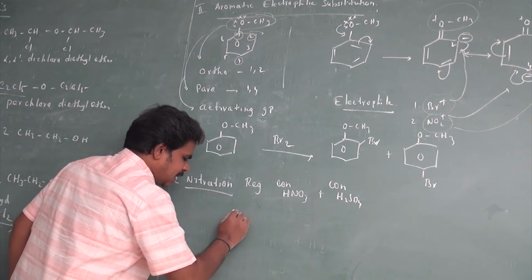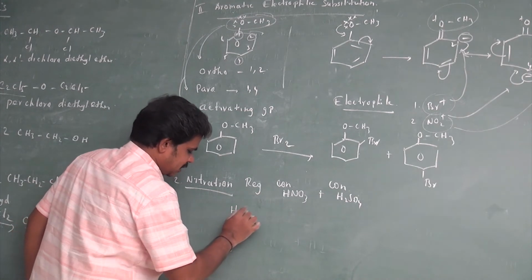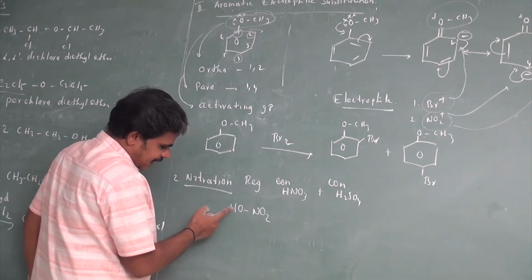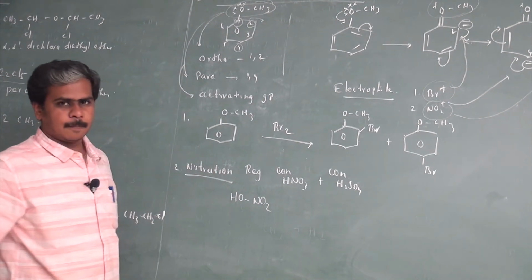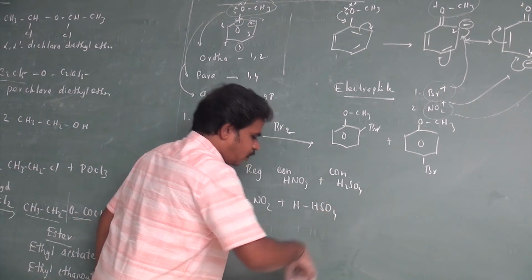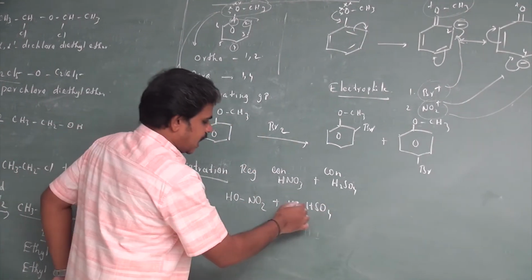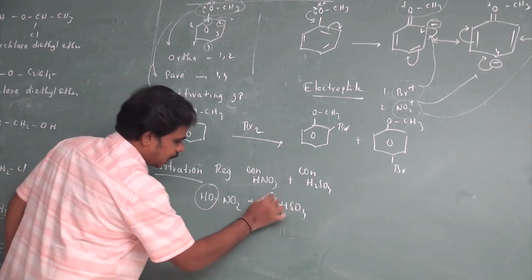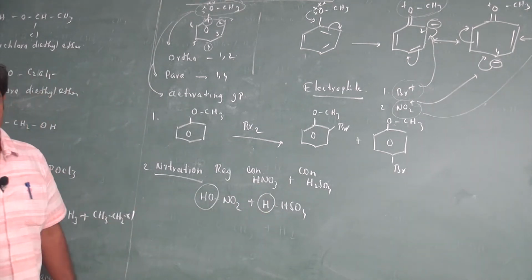So, here HNO3. Listen, HO and NO2 is nothing but nitric acid, HNO3. Now HSO4 is nothing but sulfuric acid, H2SO4. Now, OH and H is removed as water.